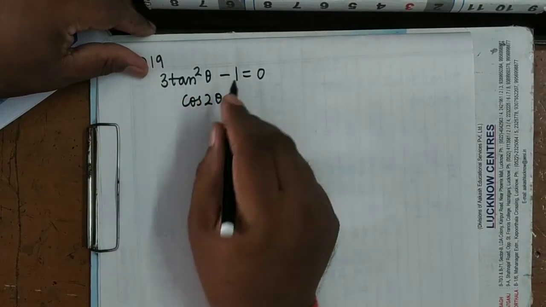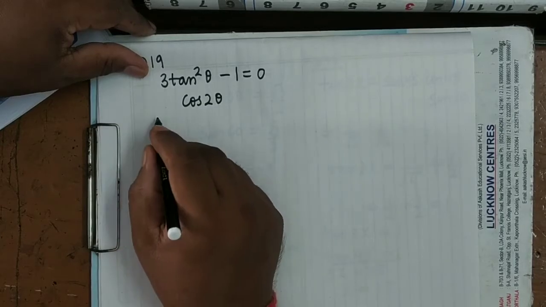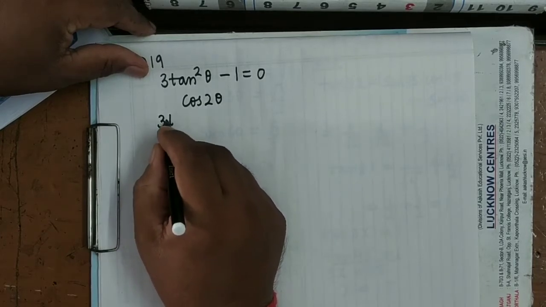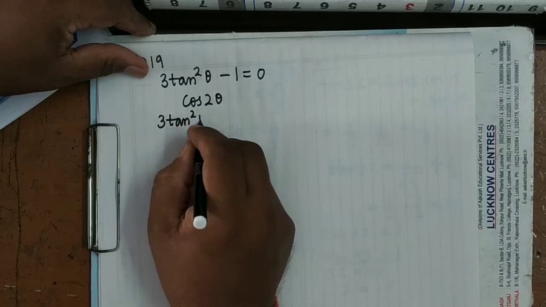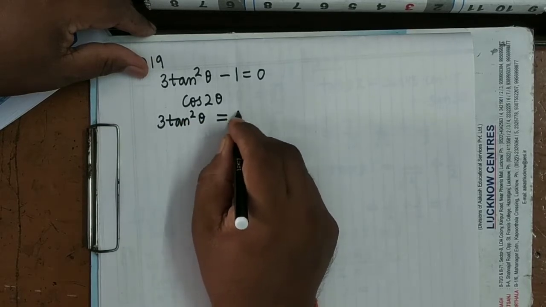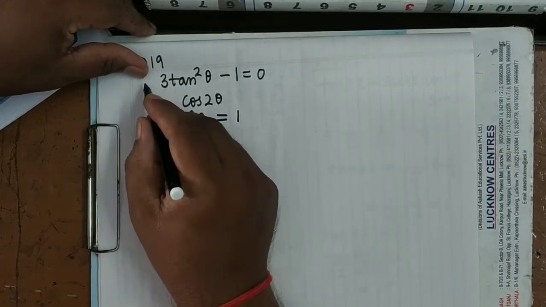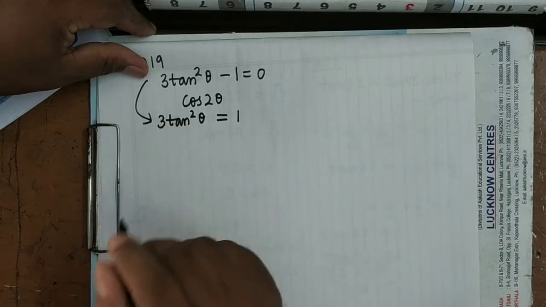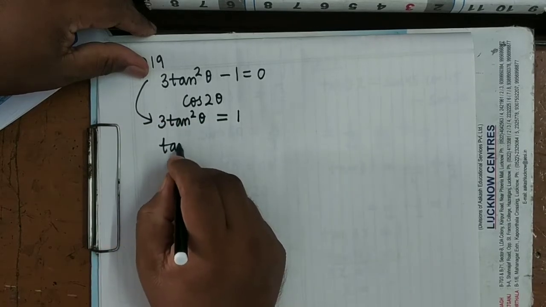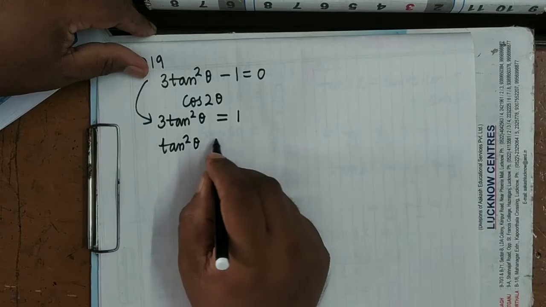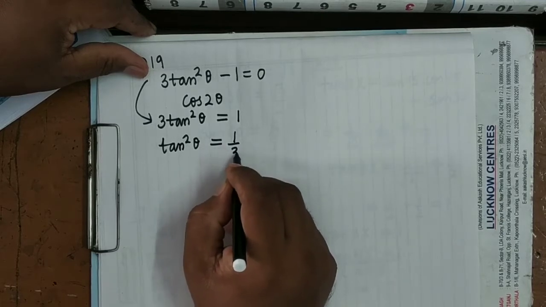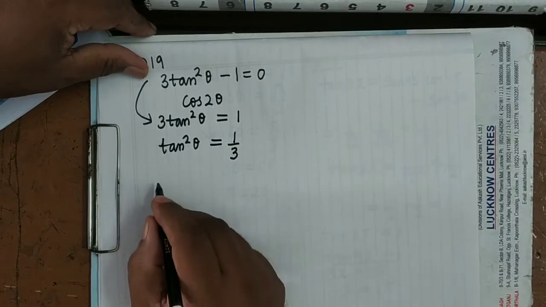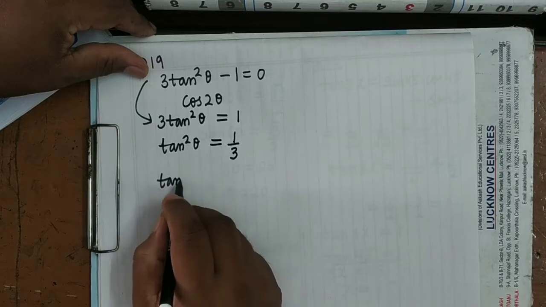So see here, 3 tan square theta minus 1 equals 0. Therefore 3 tan square theta equals 1. It's clear. From here you will get this. So what will be tan square theta? 1 upon 3.